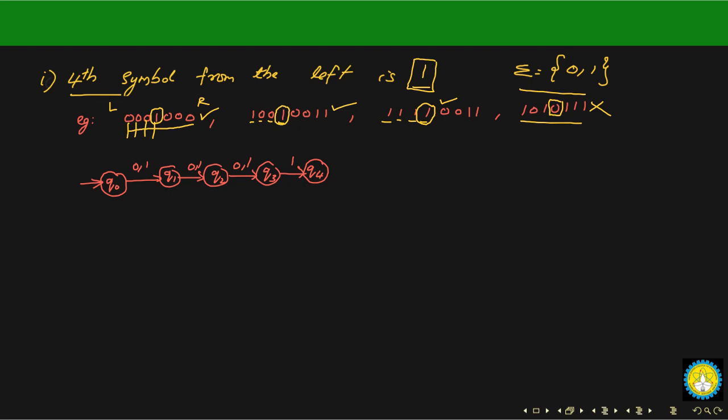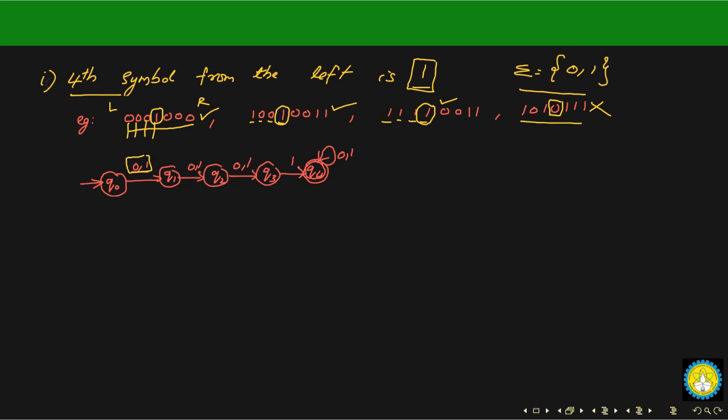Once you have reached here, you're not worried about subsequent symbols, so you can put a loop there saying 0, 1. Now you can see that this NFA will accept 0 or 1 for the first three cases.